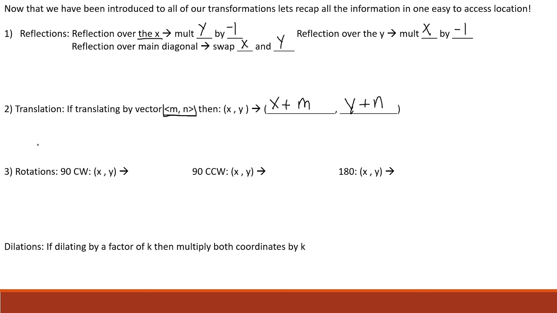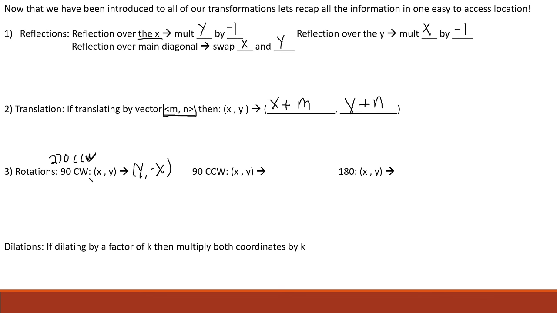Rotations are probably the hardest ones because they have 3 different rules. If you're going 90 degrees clockwise, remember, this also works for 270 counterclockwise. You can do either 90 degrees clockwise or 270 degrees counterclockwise. It's the same transformation. This will end up being y comma negative x.